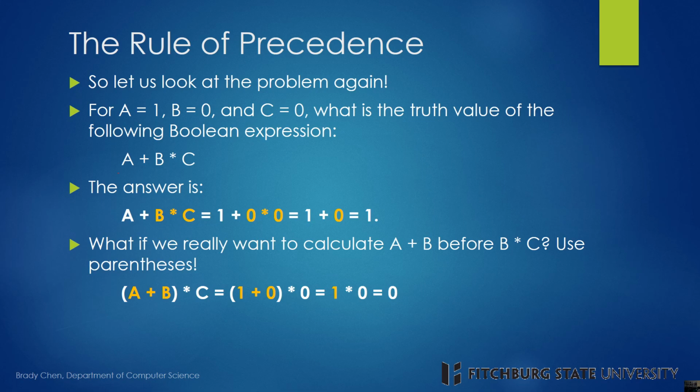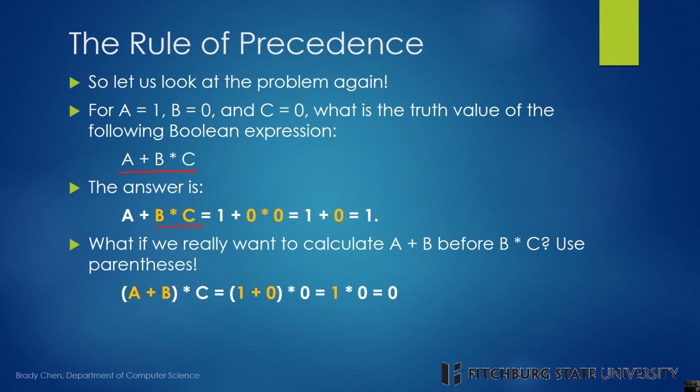The answer should be based on the rule of precedence. You should evaluate the AND operation first. So B is 0, C is 0, so 0 and 0, that's 0. And then A is 1, so 1 or 0, that's 1.